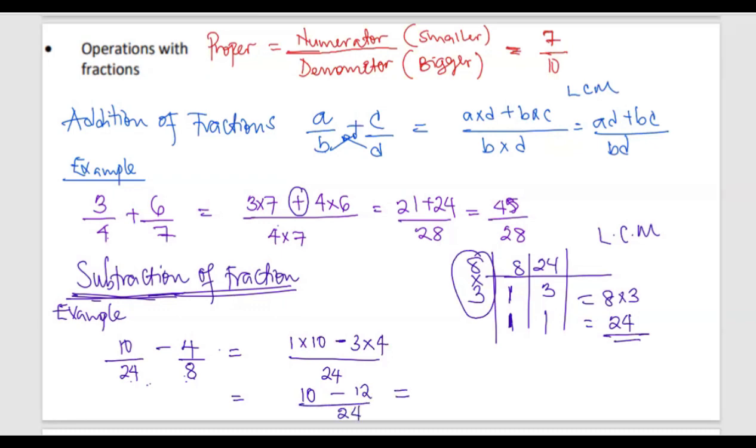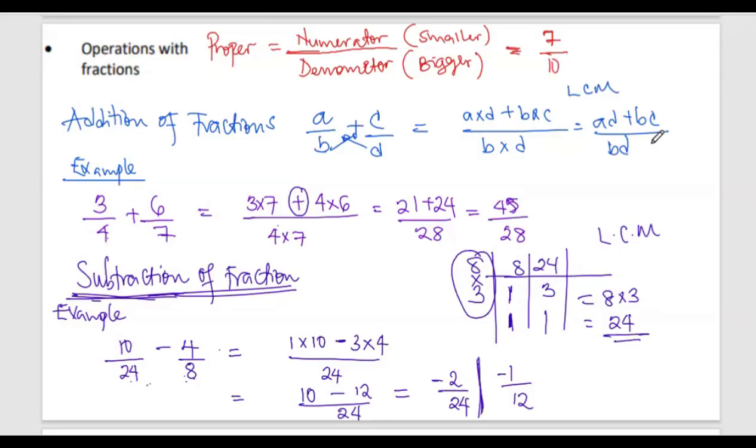Now, because you're subtracting a big number from a small number, you'll end up having a negative, and the answer becomes negative 2 over 24, whereby you can also simplify. That is the answer there that we have.